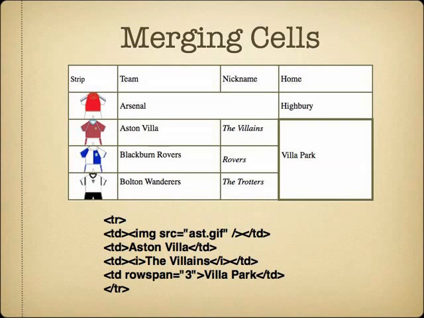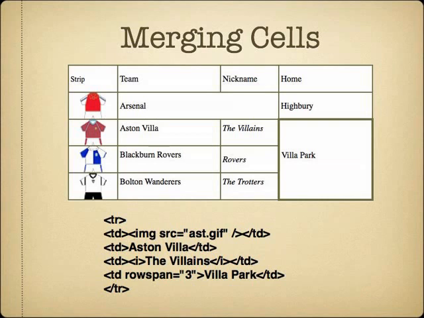We have TD to begin the next cell with Aston Villa, and then /TD to close it off. We have TD for the villains, and /TD to close it off. And then in the TD tag that begins the last cell, we have rowspan equals 3. This means that this cell is going to span across 3 rows. Then we have Villa Park and /TD.